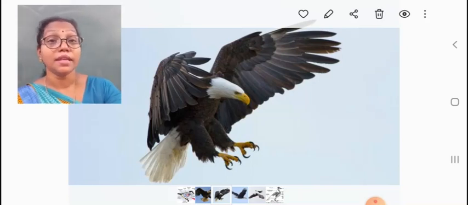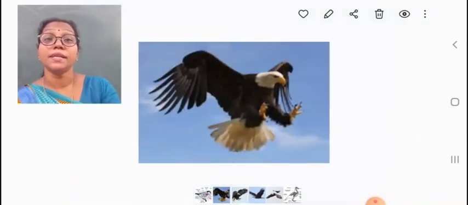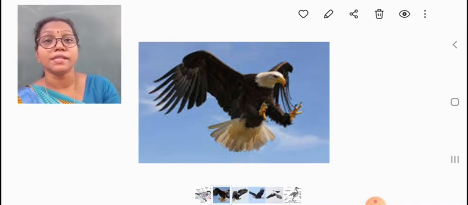Another thing that helps birds is the feathers of the wings. The feathers present in the wings are interlocked with each other and make an air-resistant structure.